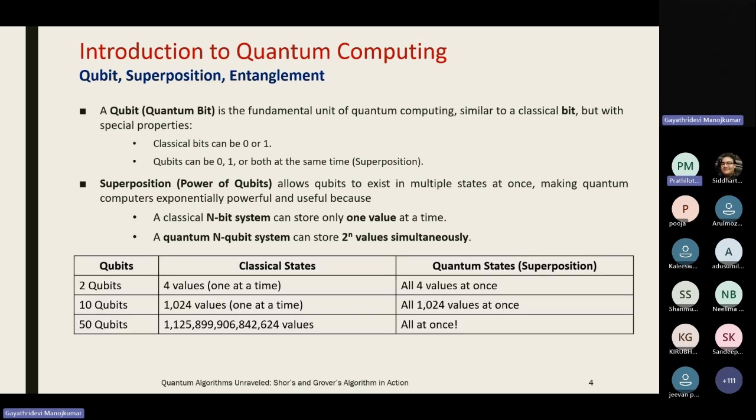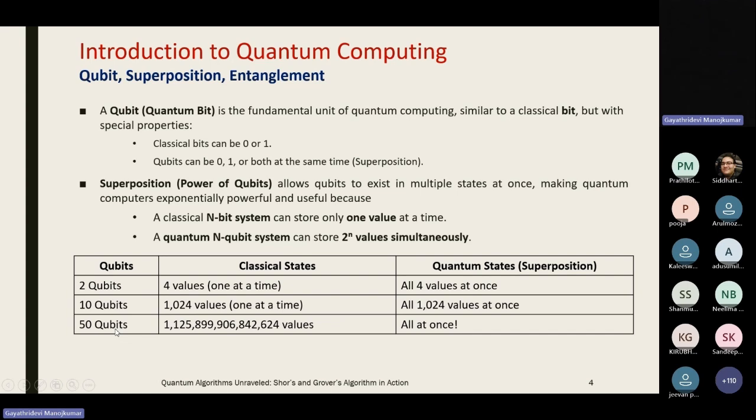We can see here in our slide. I hope you all can see that. With two qubits, classically we can represent 4 values one at a time, but with the help of a superposition state, I can represent 4 values at once. With 10 qubits, 1024 values one at a time, but all at once in a superposition we can place them.